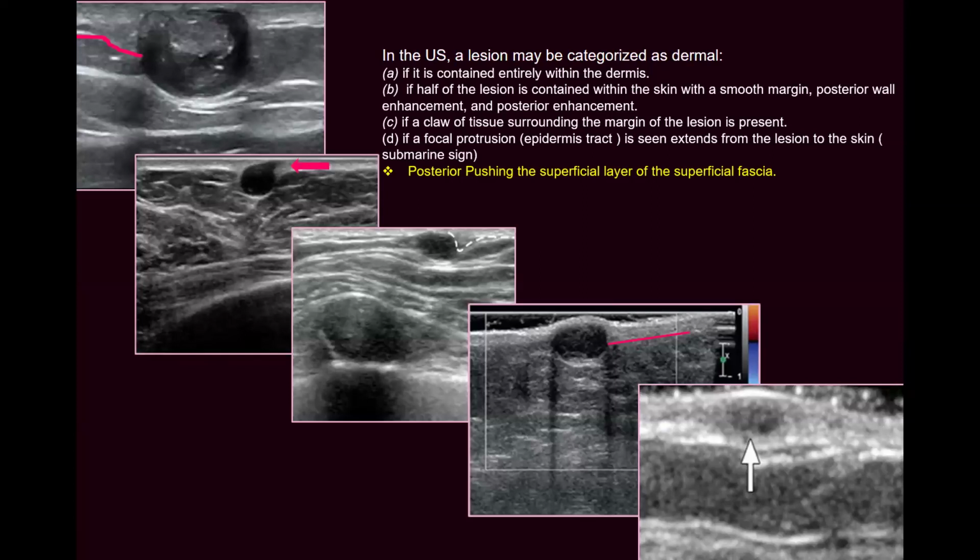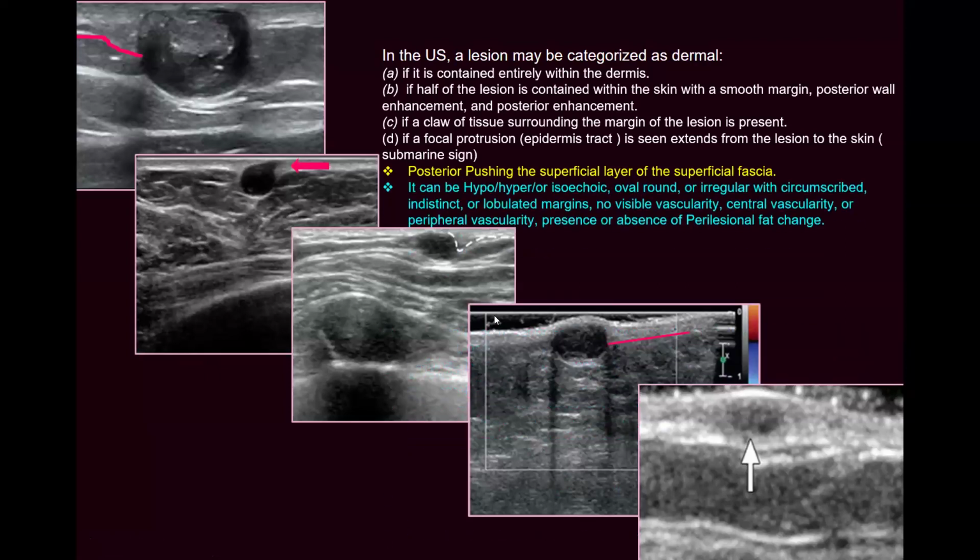And the posterior pushing of the superficial layer of the superficial fascia is an additional sign. You see, this is proven to be a dermal lesion. Can you see the fascia coming posterior? Look at the fascia, this is part of the fascia. You can see the lesion pushing the fascia posteriorly.